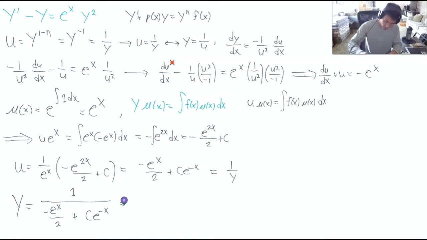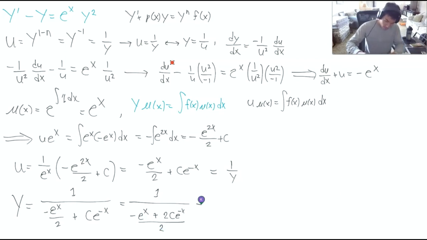And you guys can see that we can write this a little bit nicer. So e to the negative x divided by 2, if we multiply the other side by 2, we'll get e to the x plus 2c e to the negative x, divided by 2.